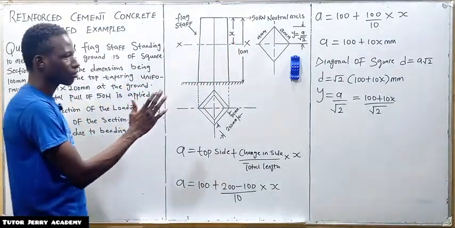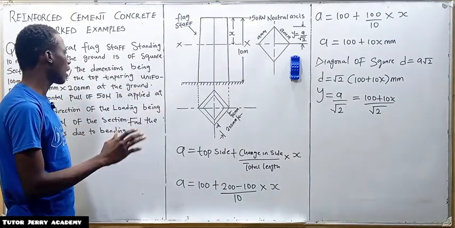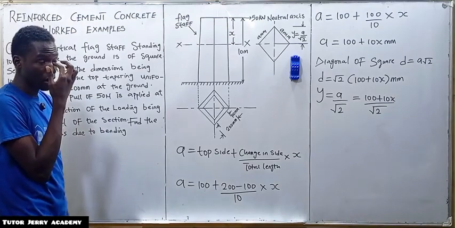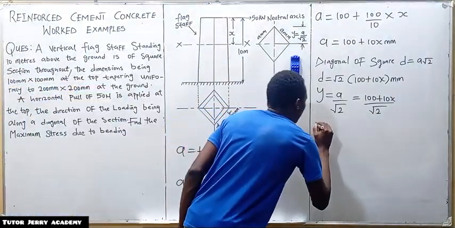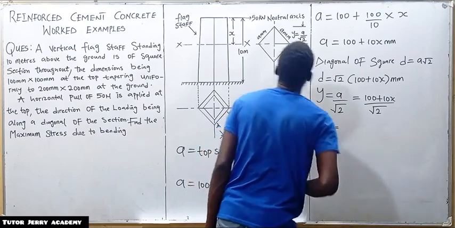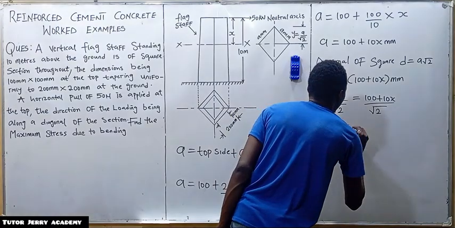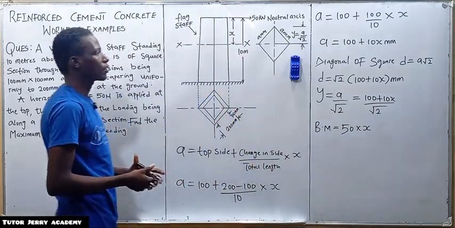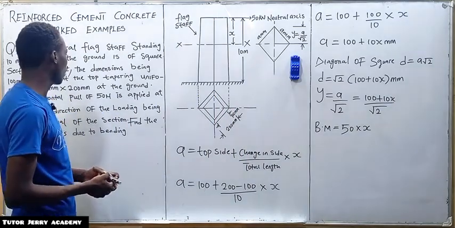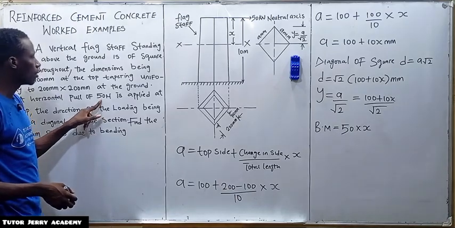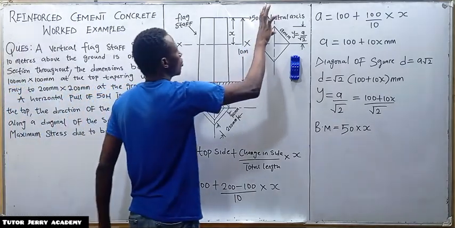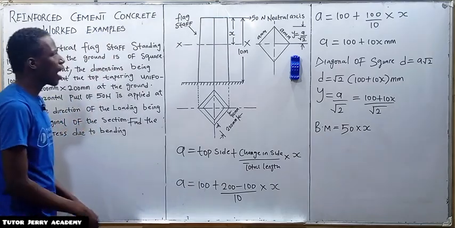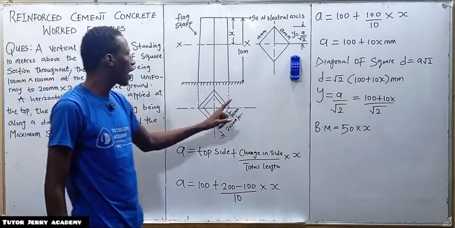So bending moment equals force, which is 50, multiplied by x. Note we're given 50 newton; this was supposed to be 50 newton, so just strike the kilo out. This is 50 newton.